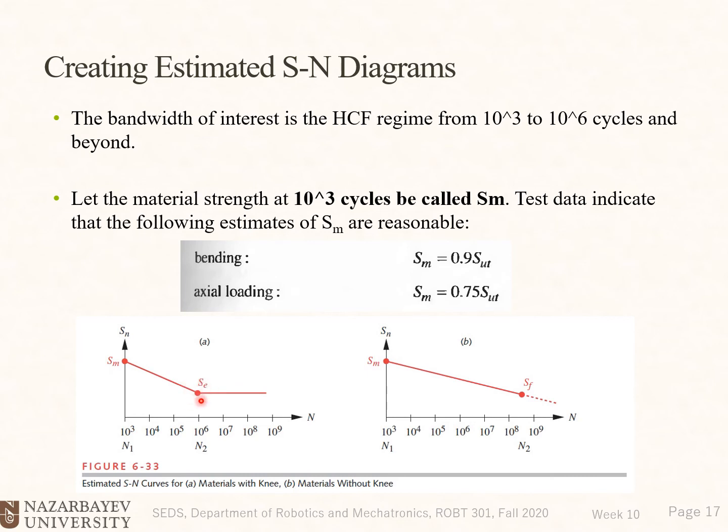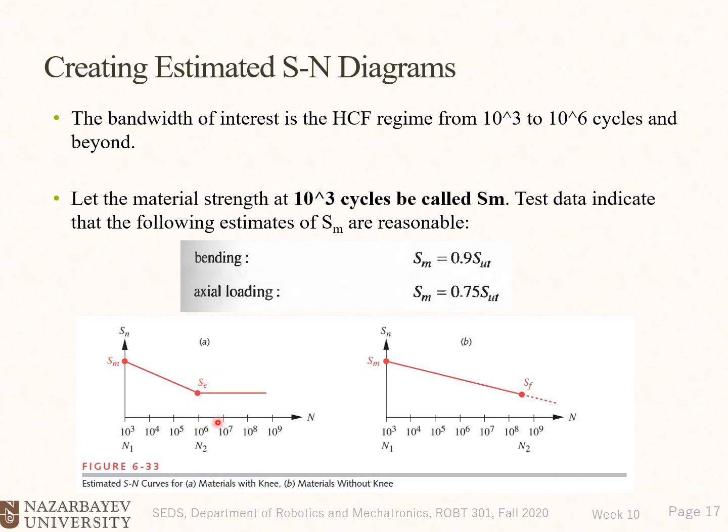For example, for steel and iron, we already had approximations. For steel, when the ultimate tensile strength is less than 200 kpsi, then Se is equal to 50% of the ultimate tensile strength.